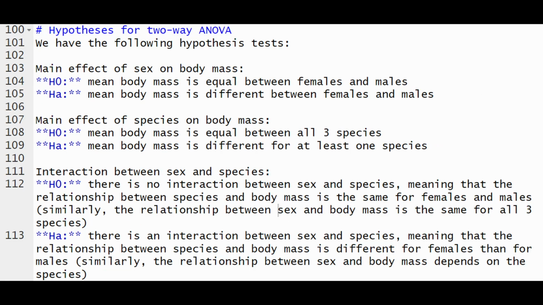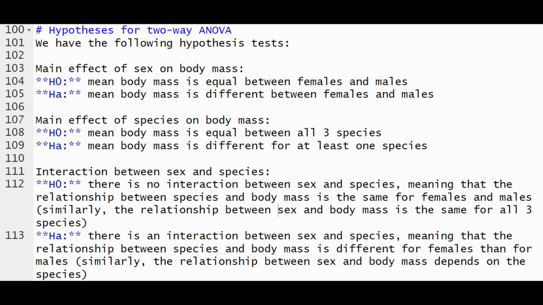Next, go back up to where we talk about the hypotheses for the two-way ANOVA. Let's review those real quick. We need to think about that for answering our question. Remember, we have the following hypothesis tests. The main effect of sex on body mass, our null hypothesis, was that the mean body mass is equal between male and female. And the second one was that mean body mass is equal between all three species.